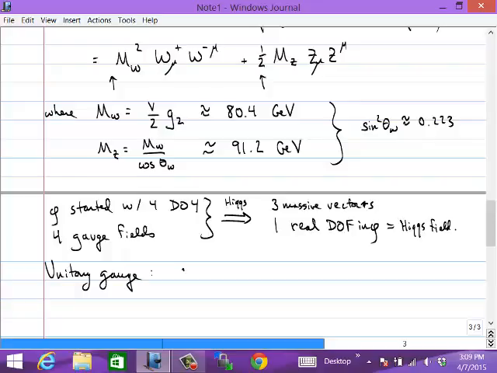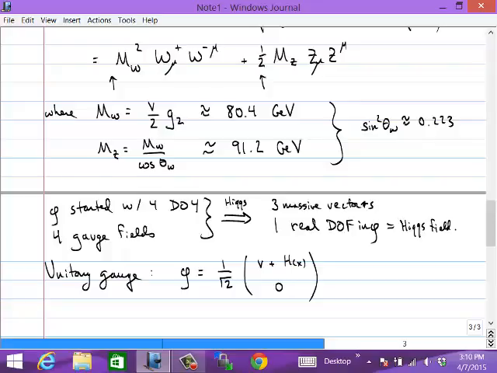And so you're only left with 1 degree of freedom in phi, which is the degree of freedom that can't be absorbed by a charge rotation, by a U2 rotation. And if you think about it, the only degree of freedom in the complex doublet phi that can't be absorbed into some U2 rotation would be a change in the magnitude of phi.